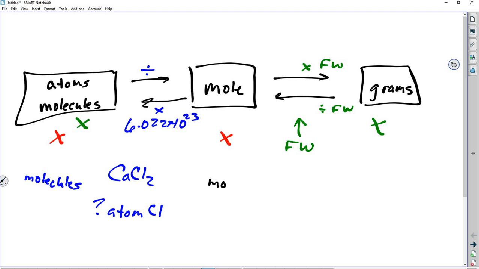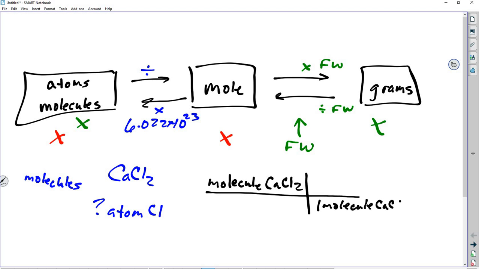So once I find molecules of calcium chloride, I'm going to have to then say in 1 molecule of calcium chloride, there are 2 atoms of chlorine. So that was something that we really hadn't talked a lot about, but that would be the end thing if I have molecules and I have to go to atoms. Okay, atoms are usually just an element.